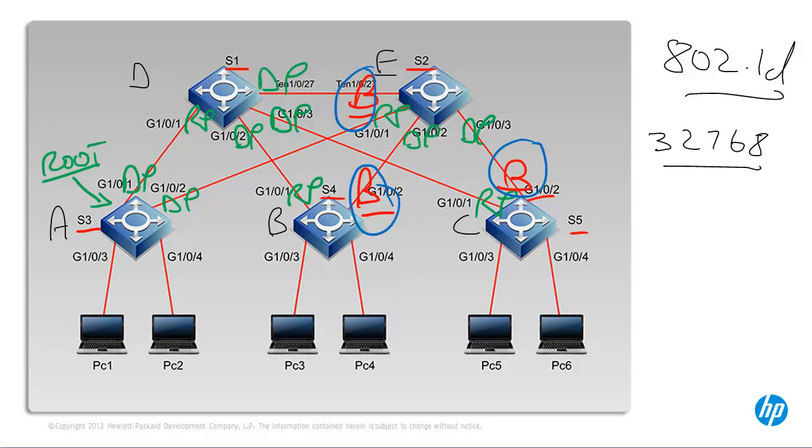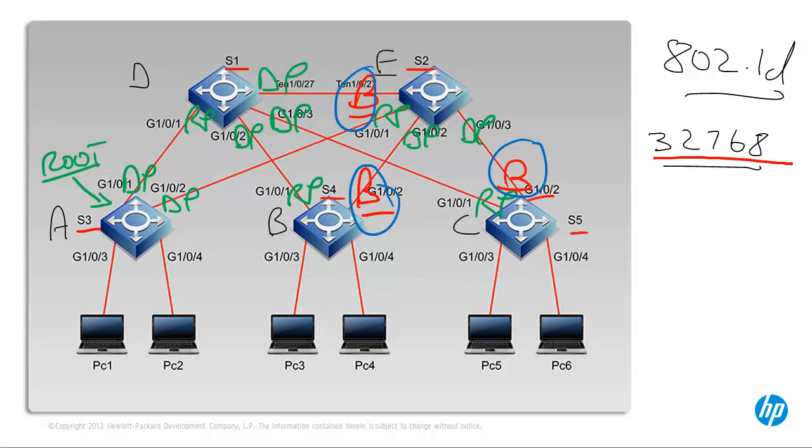So the first step with any variant of spanning tree is to set the priority of your root switches. Make sure that you lower the priority of the switches that you want to become root. Remember, the election criteria is based firstly on priority, and if the priorities are the same, then lowest MAC address.